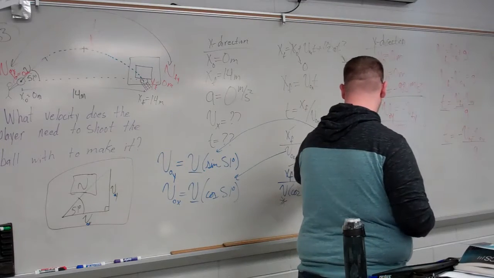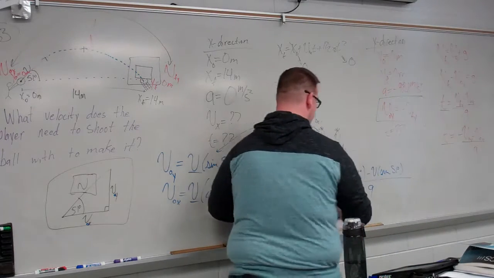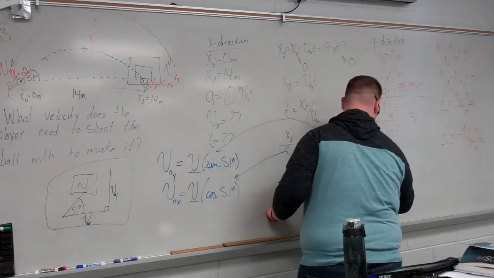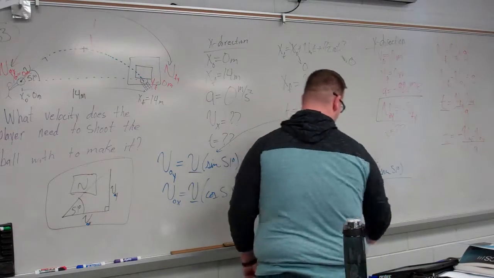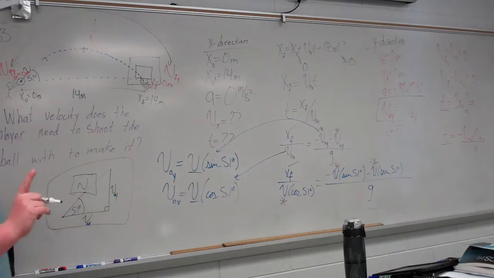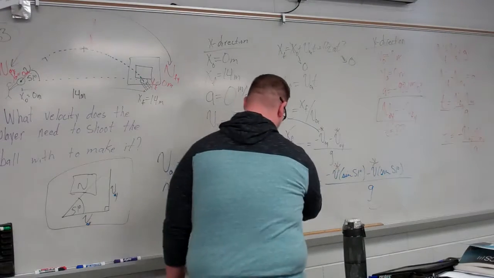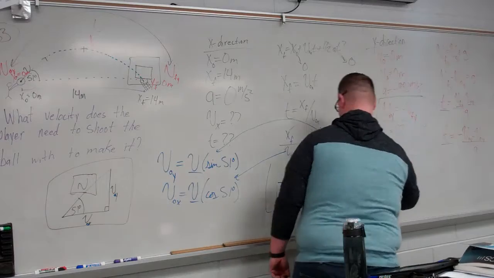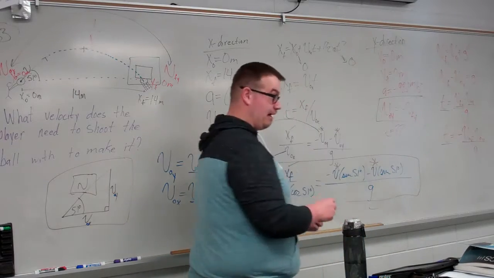This velocity is the same thing as over here. These are the same variables. And then I know gravity. So now I'm down to one unknown. So I can now solve for it. That's all, but it's all based off of this right here. That's crazy. I know we worked a lot on that one.